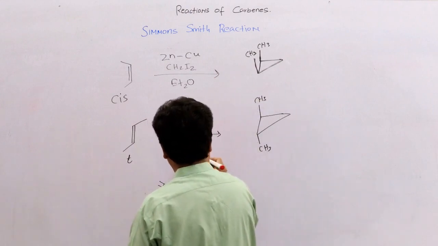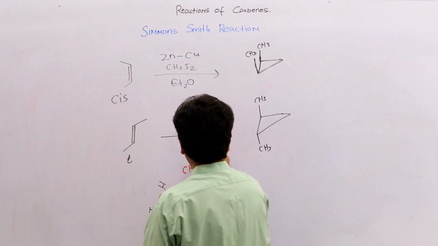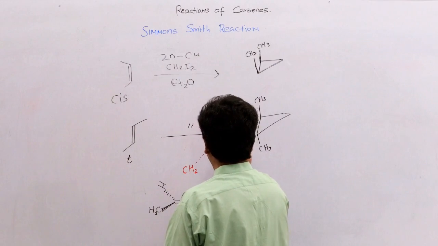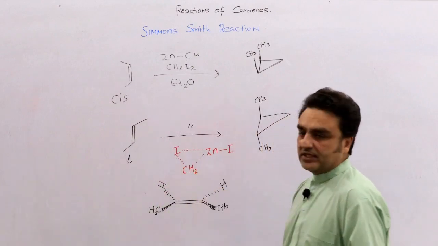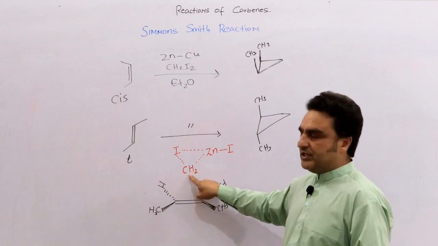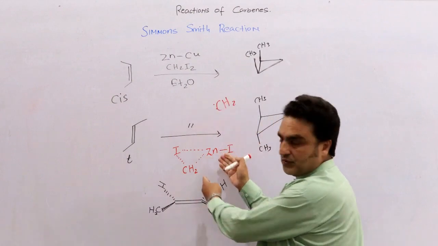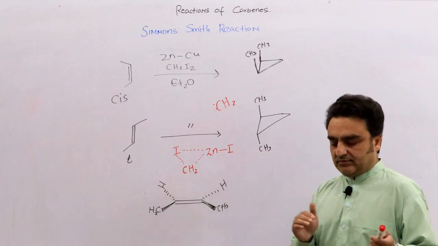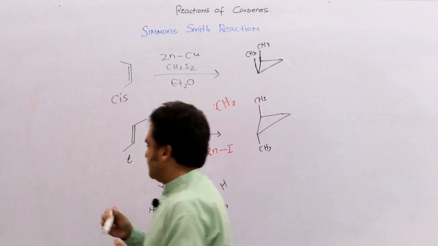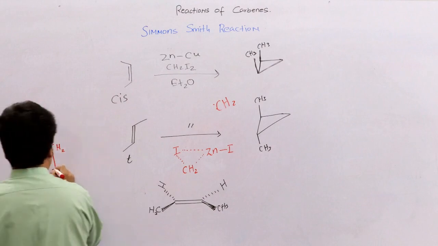Let me write the mechanism: CH2, zinc, iodine, another iodine. But at the same time, as you see, this is not a free carbene like CH2. It is attached to the zinc and iodine. Actually, the zinc metal is first inserted into the CH2-iodine bond.